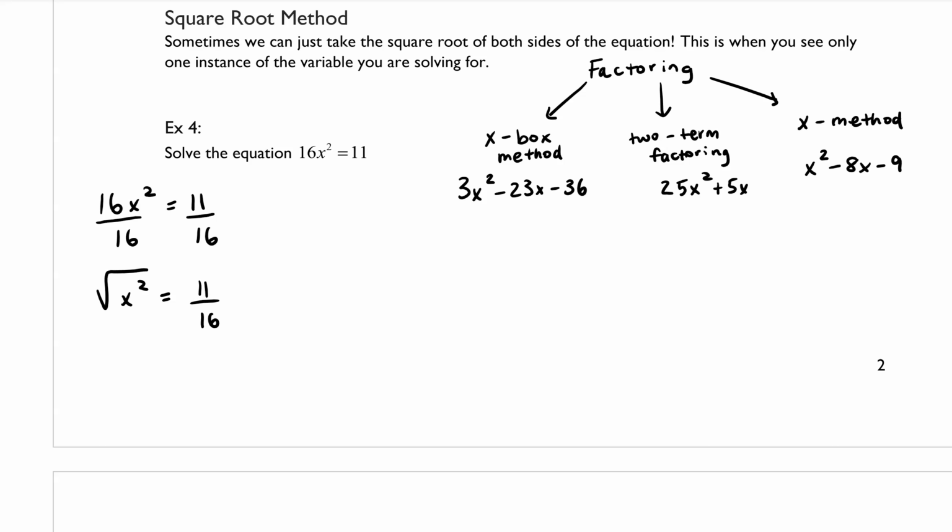And then I would take the square root of both sides. Now you want to be very careful. When you have an equation and you take the square root of both sides, you're going to end up with both a positive and a negative solution. Let me give you another quick example off to the side here. Let's say we were trying to find all the values such that when you square it, it gives you the number 4. Now if you think about this, it's going to yield two solutions.